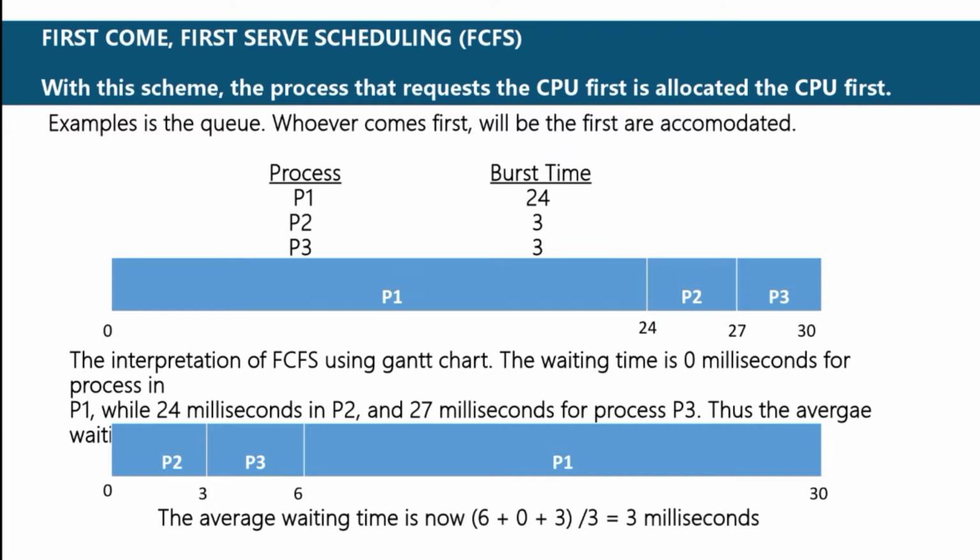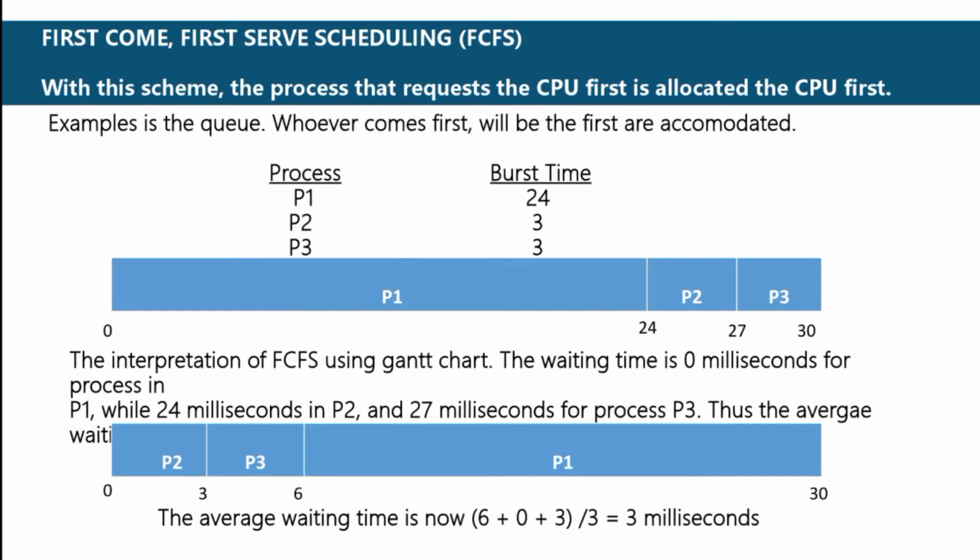So P1 is 0, P2 is 24, and P3 waits 27. By adding them and dividing by 3, we get the average waiting time. It takes a long average waiting time for 3 processes.